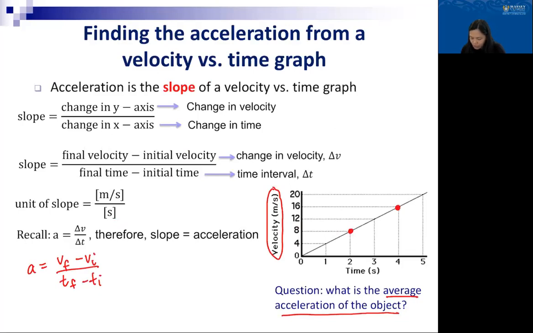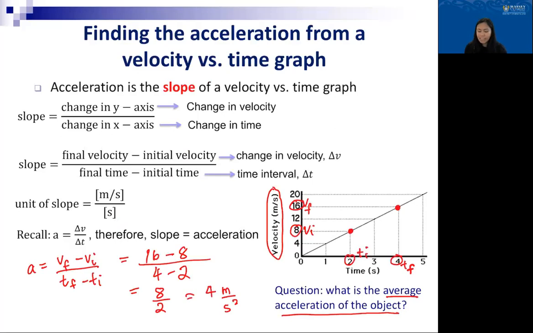Your final velocity is 16, right? Your initial velocity, the velocity at an earlier time, is 8, divided by your final time, which is 4, and your initial time is 2. So that's 8 divided by 2, 4 meters per second squared.